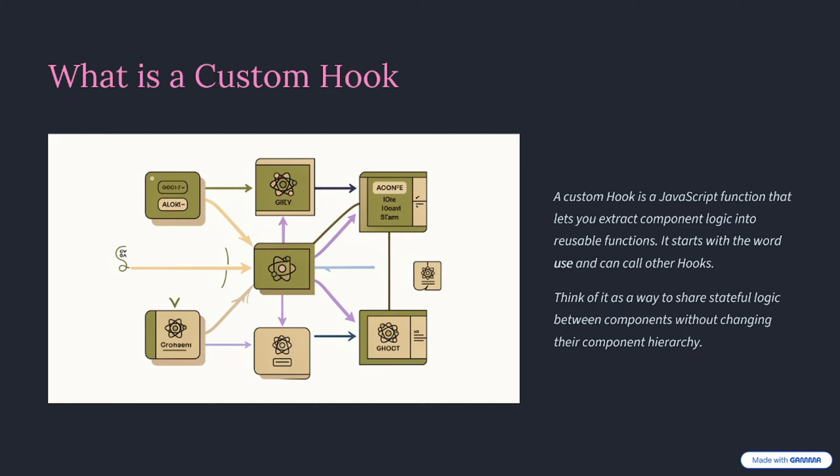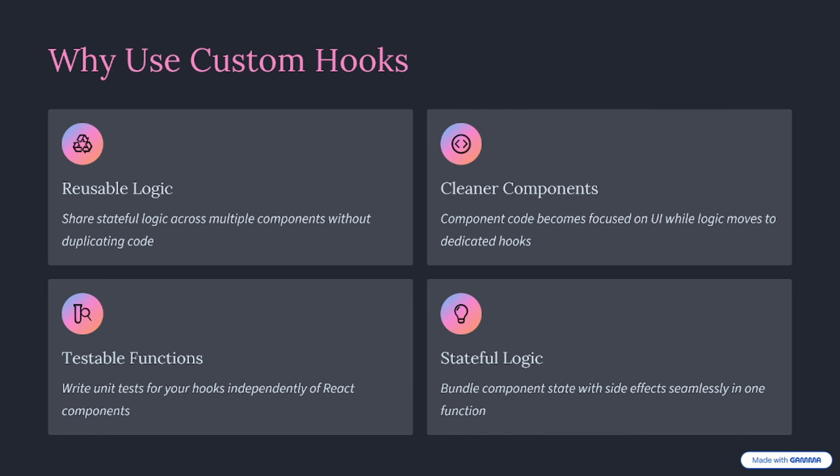Think of it as a way to share stateful logic between components without changing the component hierarchy. In this image you can see one component sharing data with other components, a simple way I have shown here.